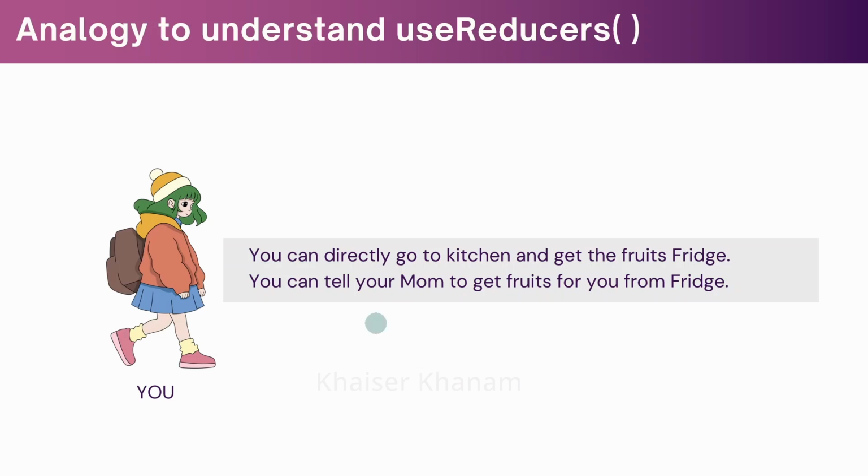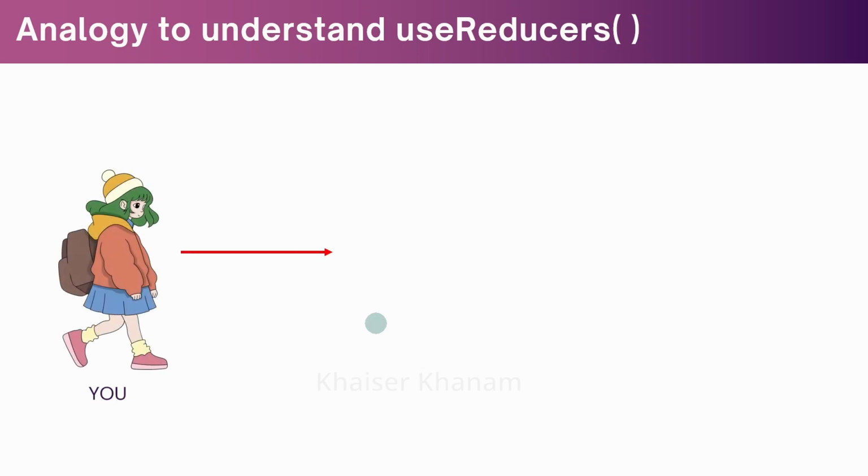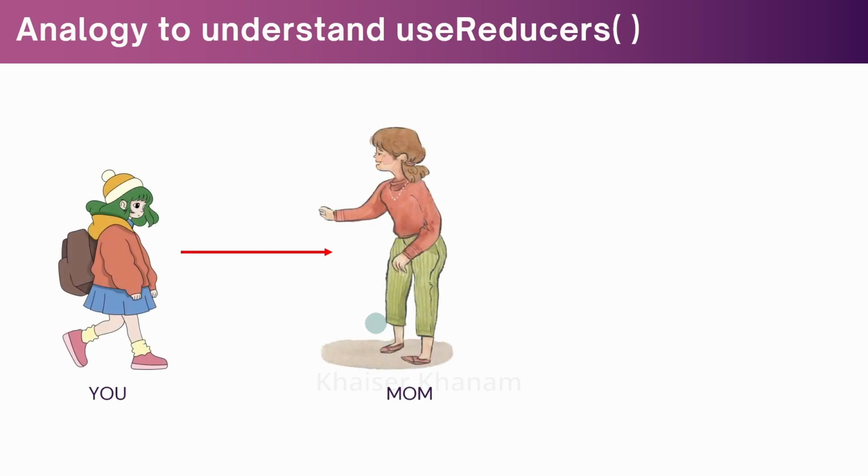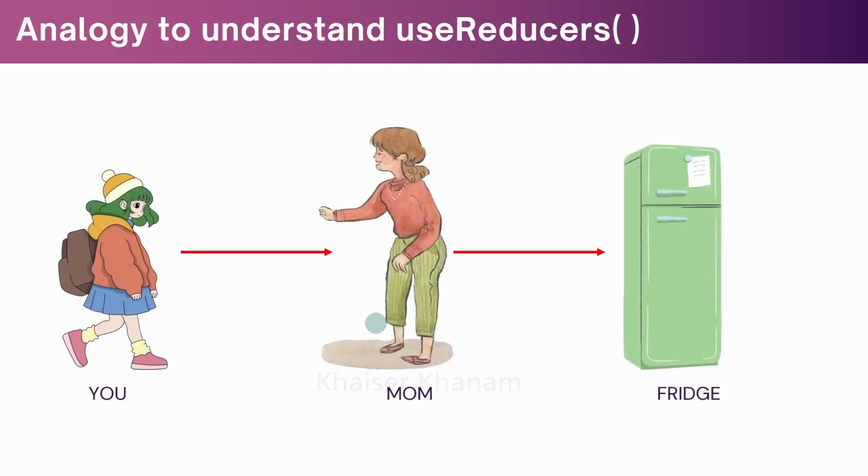So from these two options, you are going to choose the most convenient way and you will select the second option, and you are going to tell your mom to get the fruits from the fridge, and you also tell her what fruits you need. So what will your mom do? Your mom will take the request from you. Your mom will go to the fridge and whatever fruit you have requested, she will get that fruit and hand it to you.